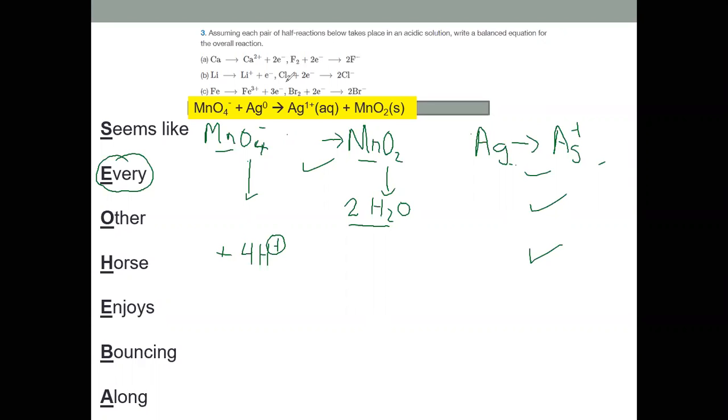So 4 times -2 is going to be -8. And let's just do a little simple math equation here. So we have a -1 charge there. So that means that we need a +7, right? So manganese has a +7. +7 -8 is going to give us the -1 charge that we need.